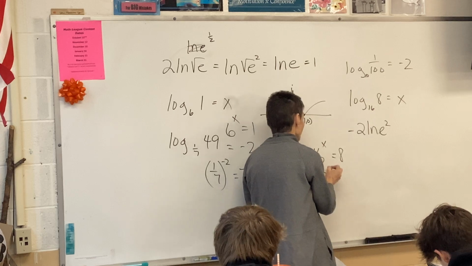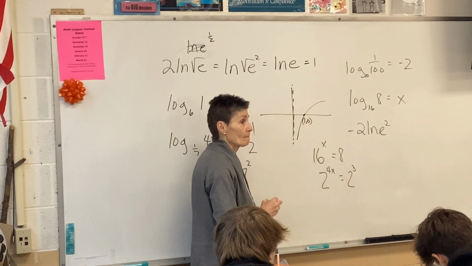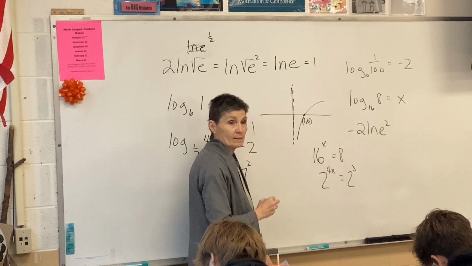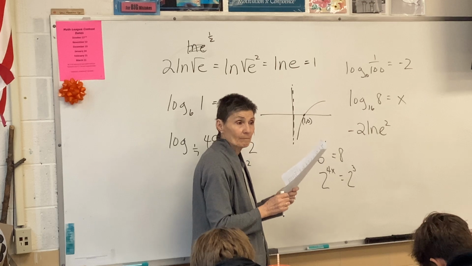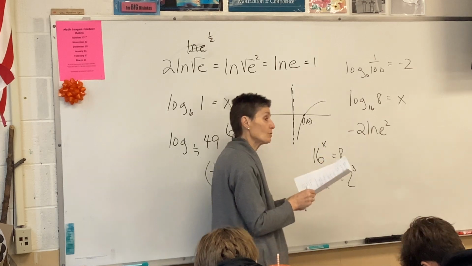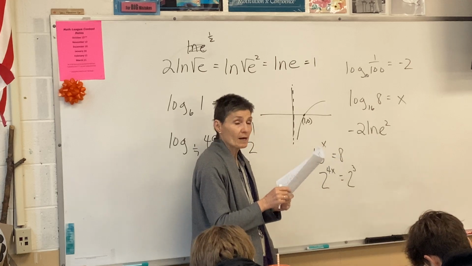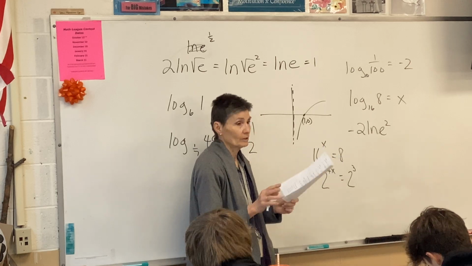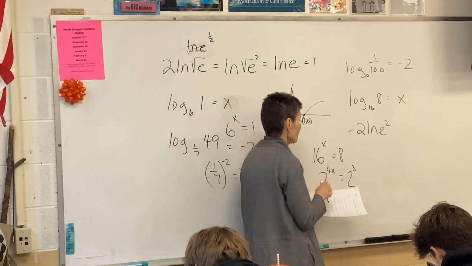So 2 to the 4x equals 2 cubed. 4x equals 3 and x equals 3/4. As long as you're coming up with 3/4 and doing it without a calculator, it's all good. You don't have to do it exactly the way I'm doing it.